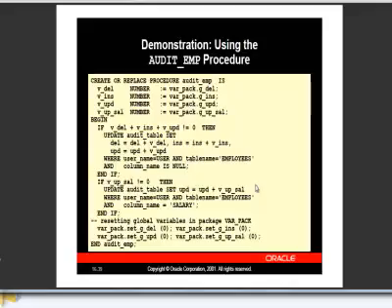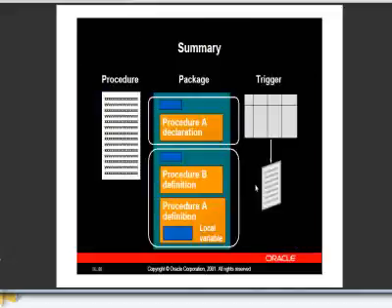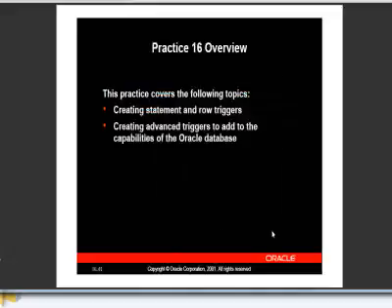Using the audit_emp procedure, this is the syntax. Summary. This is the diagram: the procedure, package, and trigger. Practice overview. This practice covers the following topics: creating statement and row triggers, and creating advanced triggers to add to the capabilities of the Oracle database.